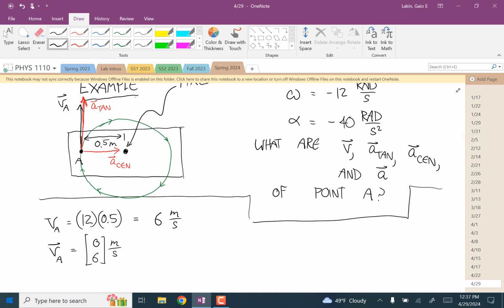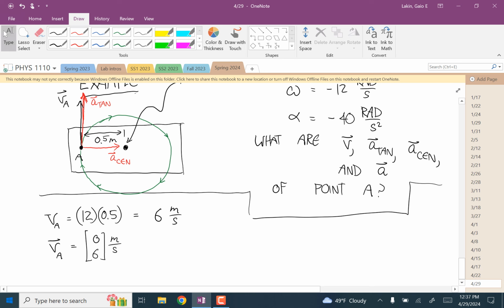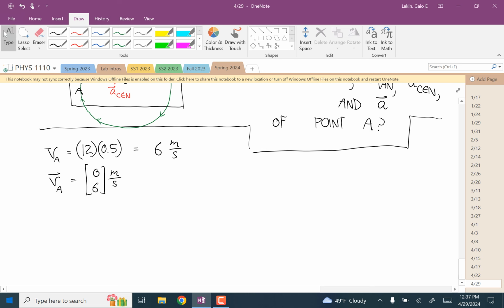Okay, now let's start doing the acceleration stuff. We have the directions. Let's first do the centripetal because that's what I usually did when I did examples for circular motion. We know that the magnitude of the centripetal acceleration is v squared over r. And so that is 6 squared divided by 0.5.